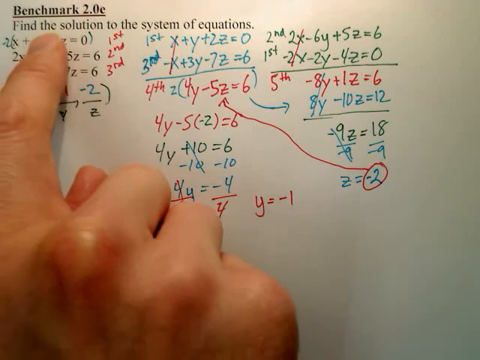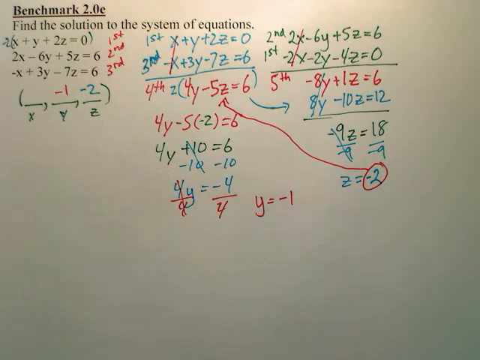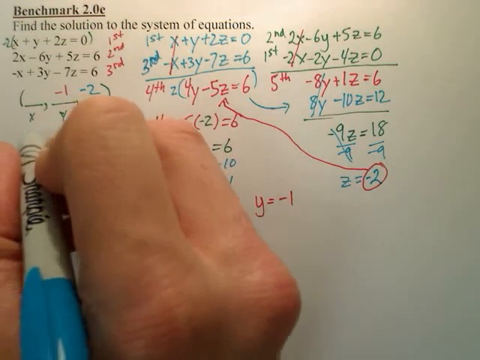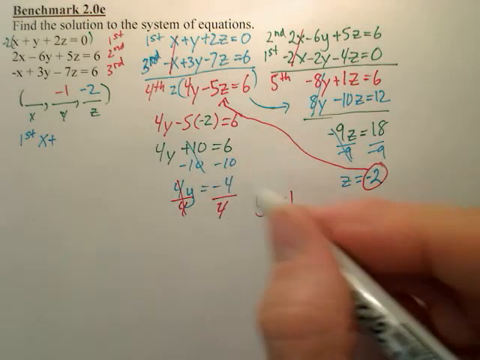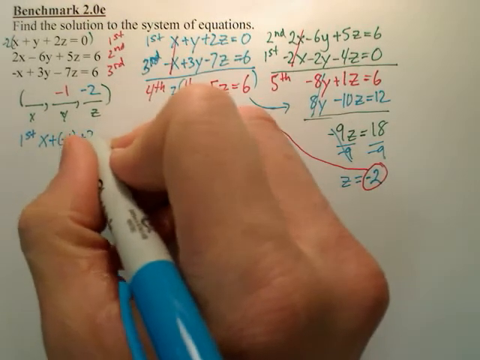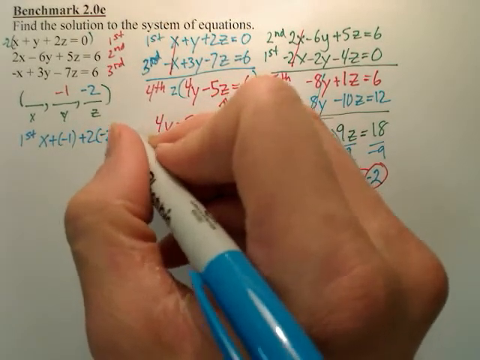Now, hopefully you can tell that the first equation is probably the easiest, smaller numbers. Doesn't matter which one. It's just ease. So for ease sake, I'm going to use the first equation. X plus y is negative 1 plus 2 times z. Z is negative 2.